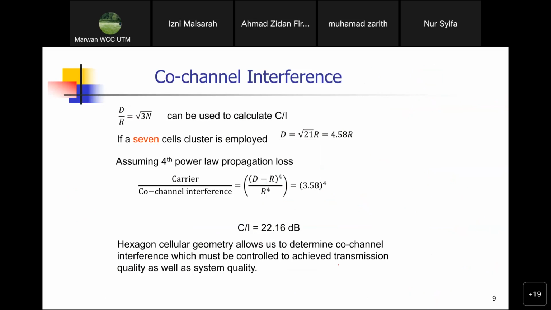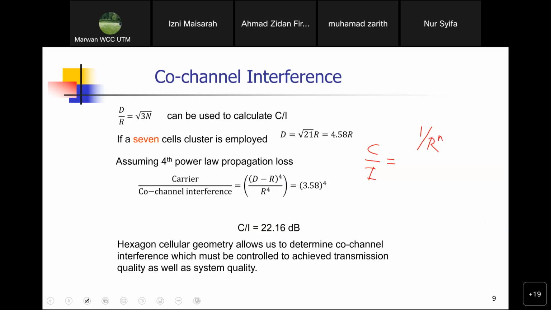Okay, so at the end, it goes back to D over R, because when you want to compute C over I, you always need to use the distance. For the carrier, the distance is your radius, with the power of either n or alpha, the path loss exponent. It varies from 2 to 6, depending on the environment.